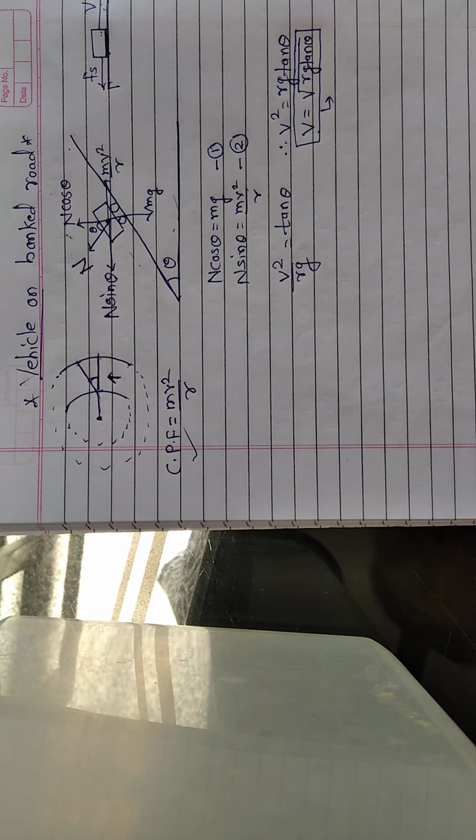So for speeds other than this, how will the vehicle move safely along that curved road? In those cases, for the maximum speed and the minimum speed, the component of the friction will provide a certain limit, and because of that it can move safely along the curved road. So because of the banking of the roads, the vehicle can move safely along the curved road.